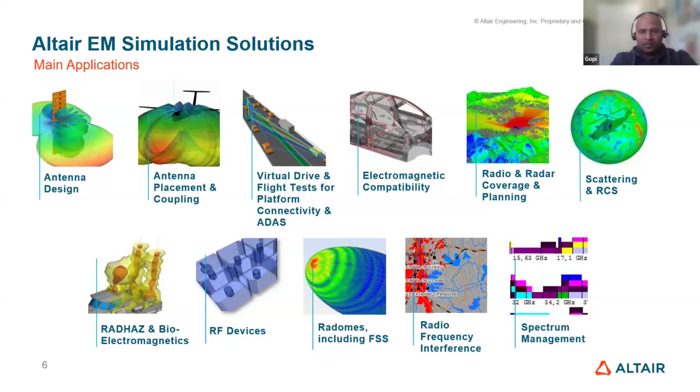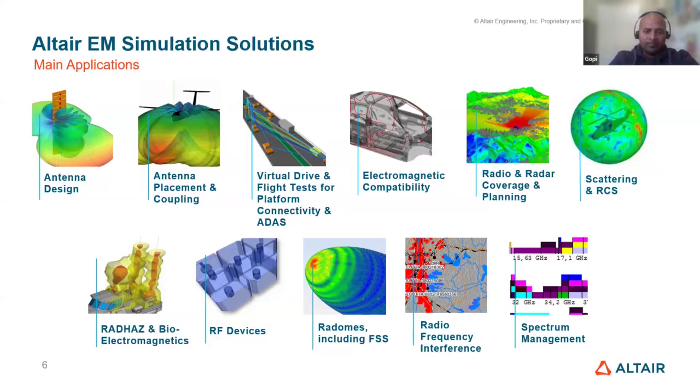It can be used for scattering analysis or for bioelectromagnetic applications, designing MRI coils or calculating the effect of high intensity radiation on human phantoms, like specific absorption rate calculations or radiation hazard analysis. It can also be used for designing microwave components like filters or power dividers. It can be used for designing radomes as well. So a broad range of applications.